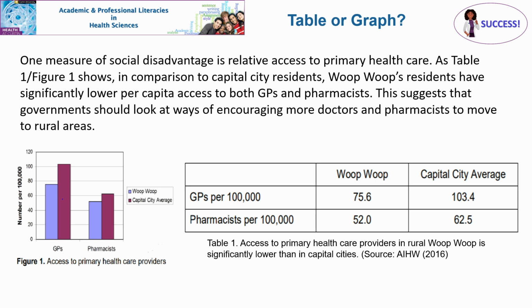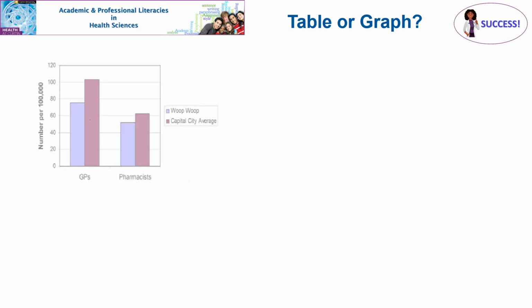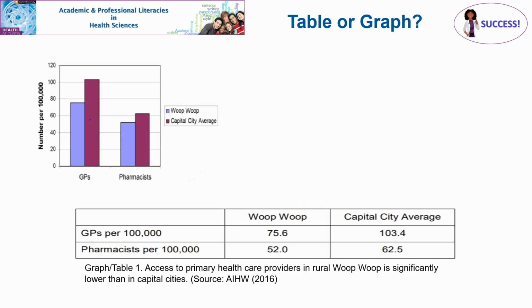So figure 1 obviously is a graph, and table 1 are the numbers. But which is better? What do you think? There's the graph, there's the table.